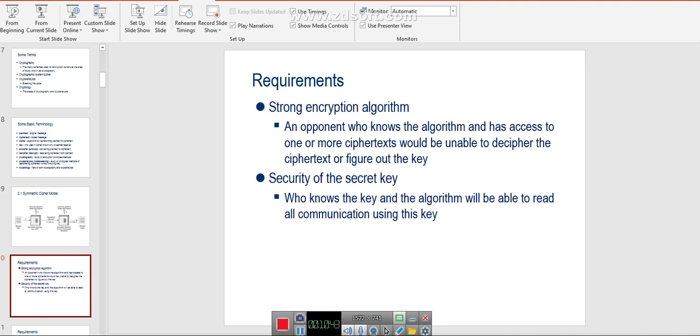Another requirement is security of the secret key, or the private key. Whoever knows the key and the algorithm will be able to read all the communication using the key. So it is imperative to ensure that the secret key is kept private and confidential.